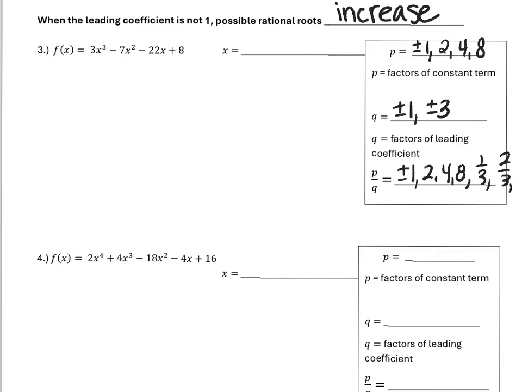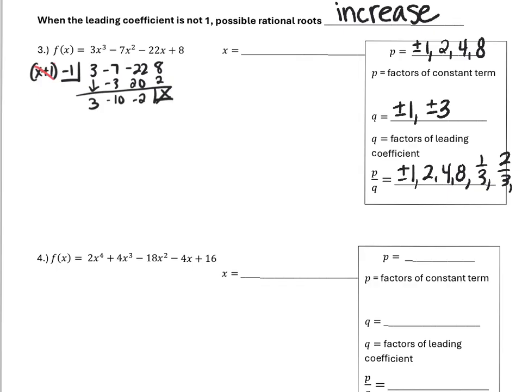So let's start with the easy ones. We'll do synthetic division. So let's do x plus 1, which would be -1, and then 3, -7, -22, 8. -10, 20, -2, 2. So this does not work.